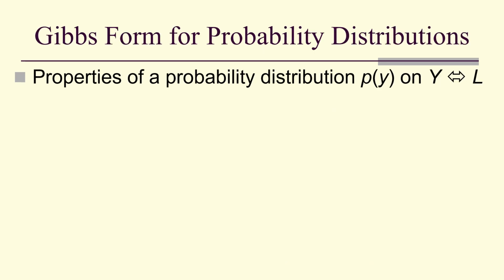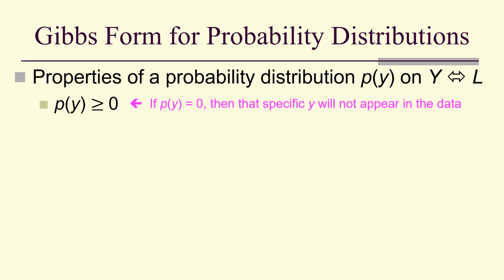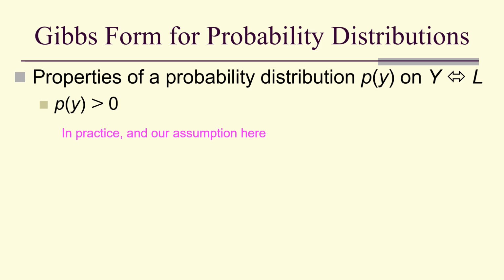So if we've got a probability distribution on some y associated with some set of labels, then it's non-negative. But in reality, if we have a probability of 0, then that y is not going to contribute to our entropy. So we're only going to work with the strictly positive probabilities in working with entropy.